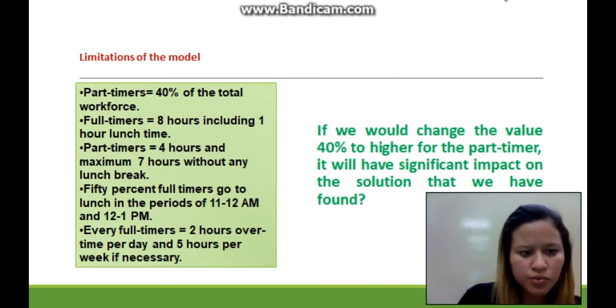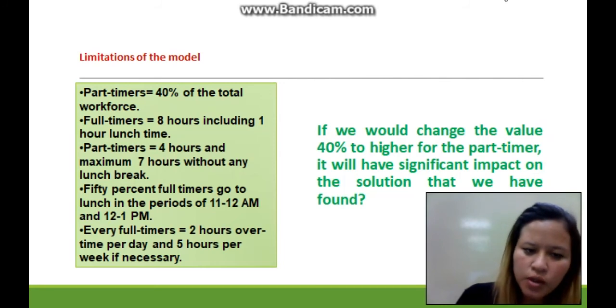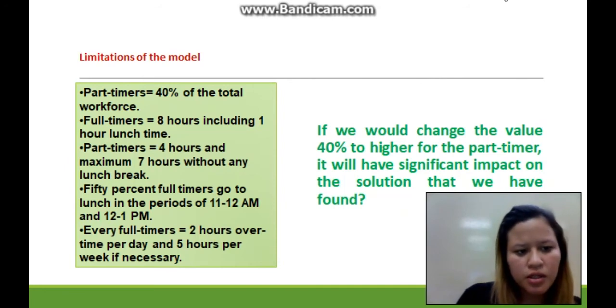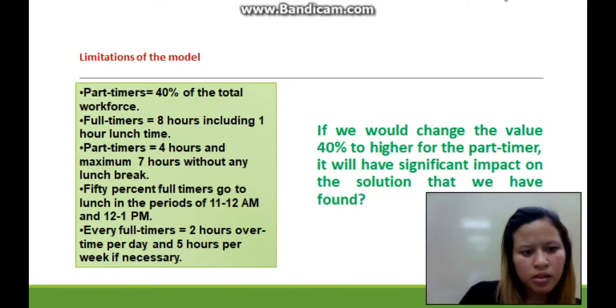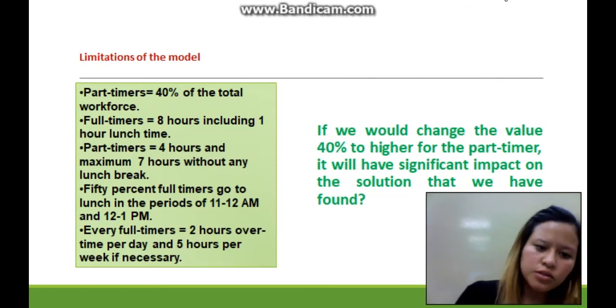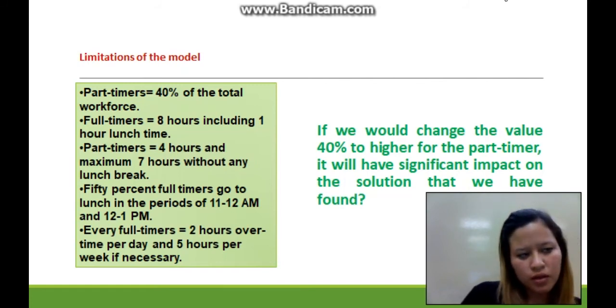Full-timers are allowed to work 8 hours, including 1 hour lunch time, and the part-timers work at least 4 hours and a maximum of 7 hours without any lunch break. 50% of full-timers go to lunch in the period of 11 to 12 a.m. and 12 to 1 p.m. Every full-timer may have 2 hours overtime per day and 5 hours per week if necessary.